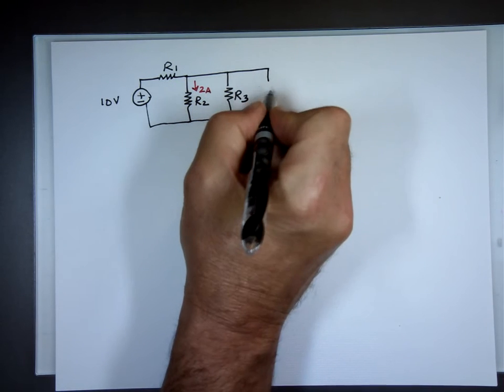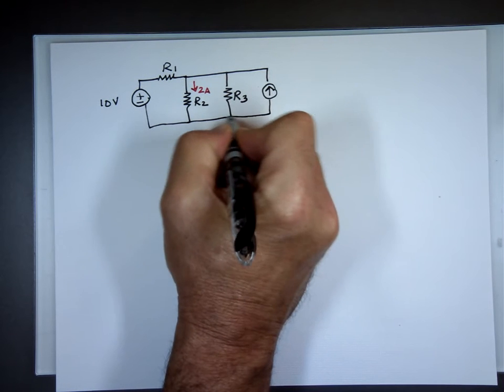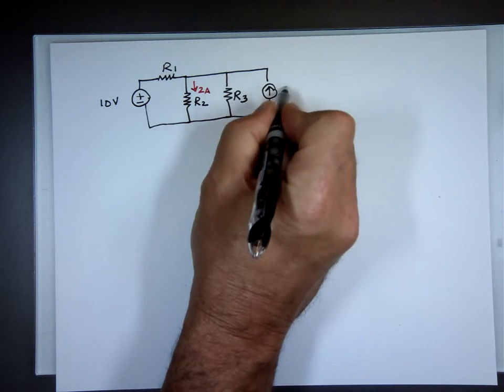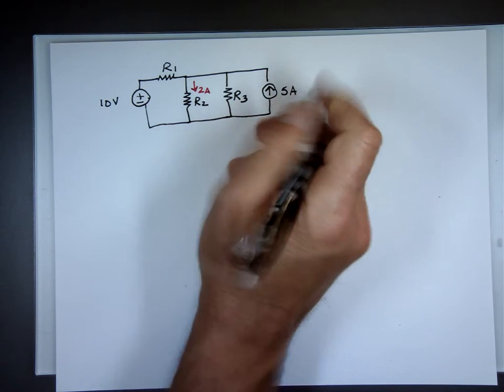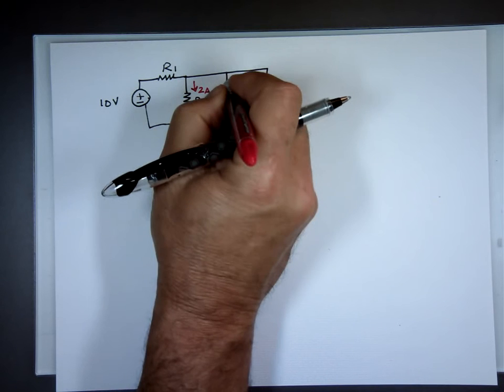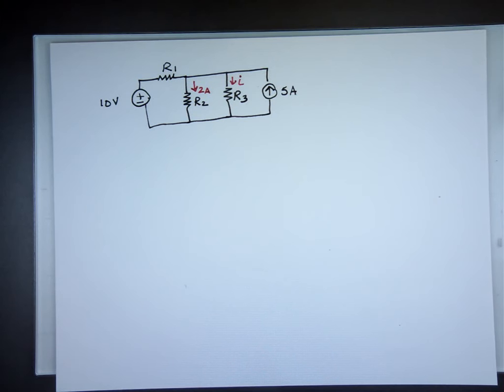And I have an independent current source going upward of the value of 5 amps. And there's a current labeled as I. Here's the question.